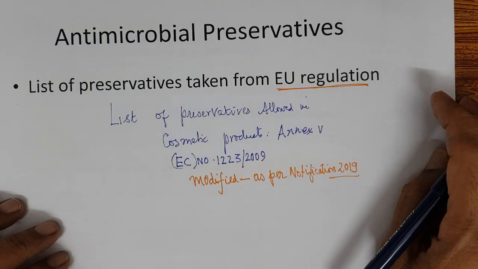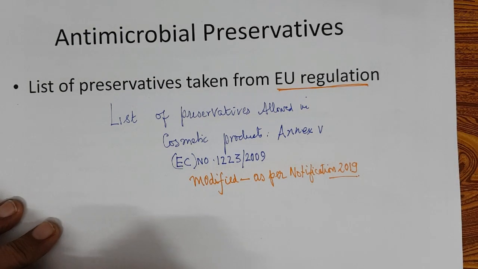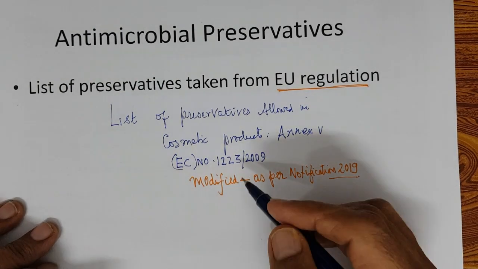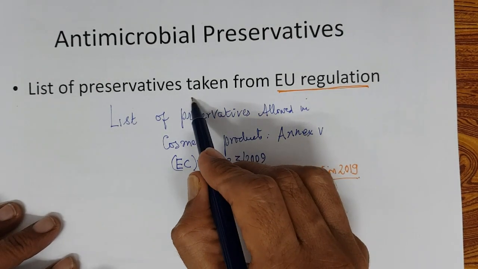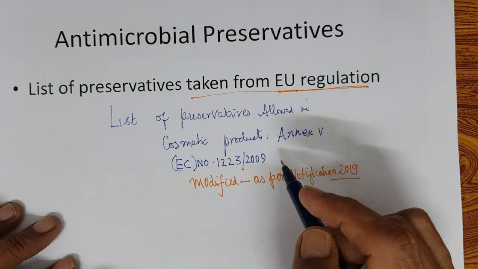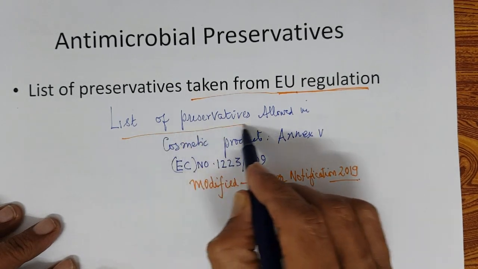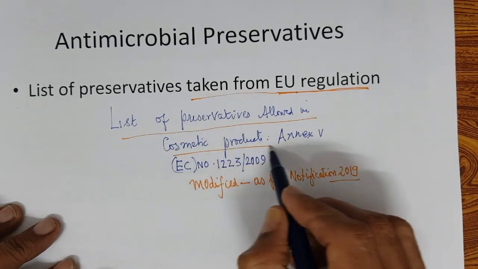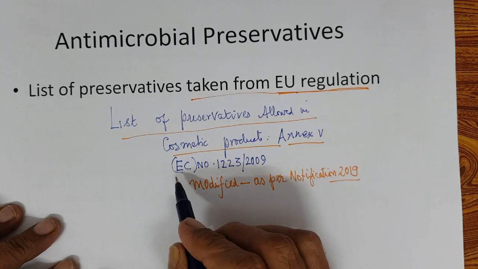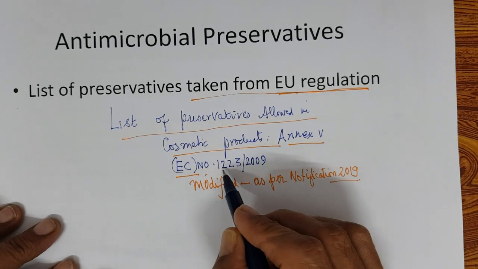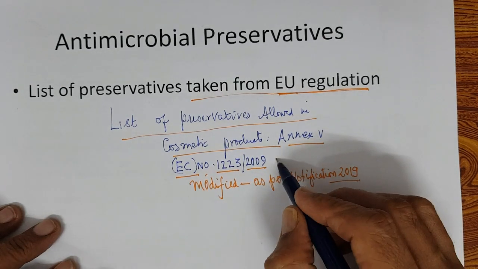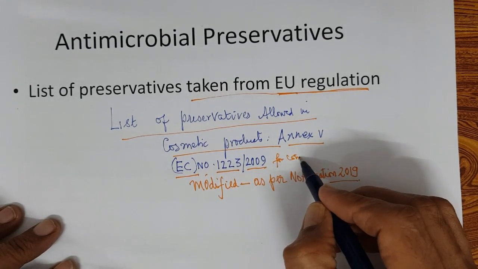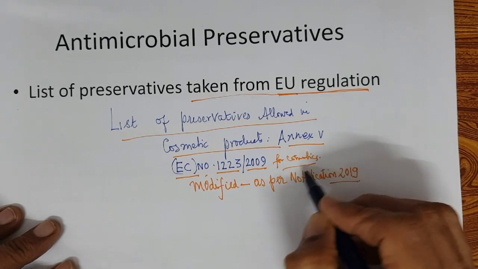See, the list of antimicrobial preservatives you can take from the EU regulation. List of preservatives allowed in cosmetic products, Annex 5, EC number 1223-2009 for cosmetics. Right? This is for cosmetics.